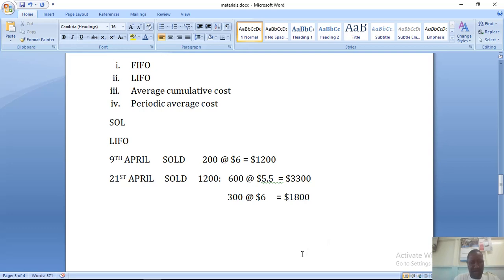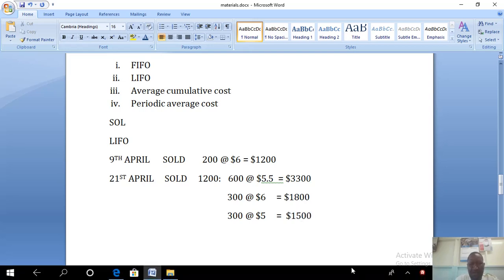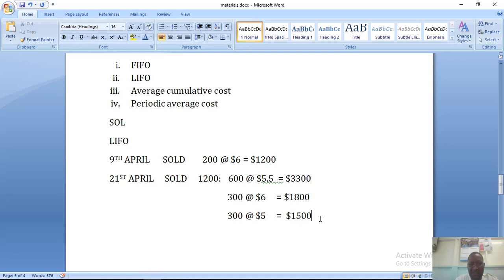Another 300 units are issued at the price of $5 per unit. When you do that, how much do we have there? Issued at that price, we have $1,500.